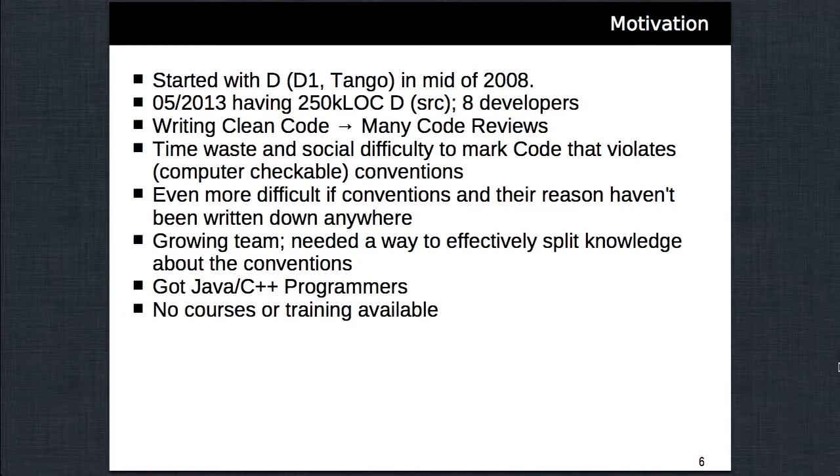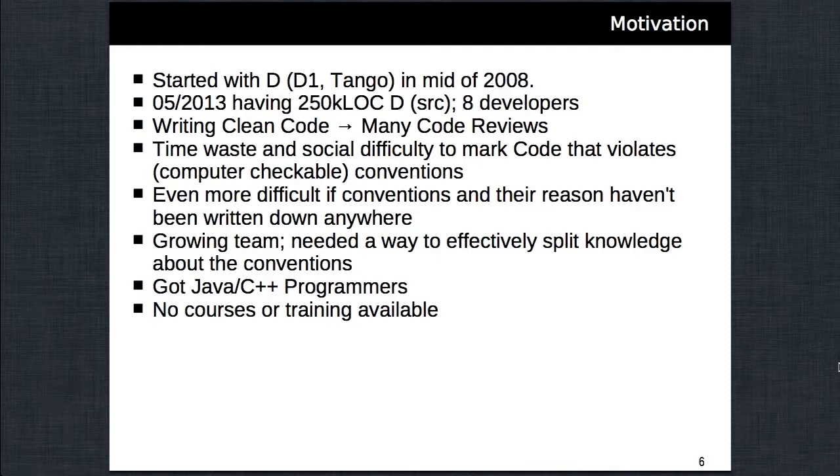And as your team is growing, you get new employees who never had the chance to look at D before. It's also important that you share the knowledge about D and also about new features that you get with a new compiler or that you just experienced before. And as Don mentioned, you do not have D developers on the market.